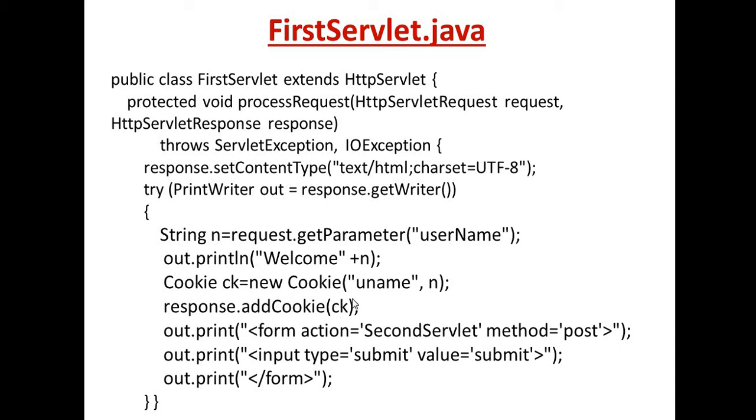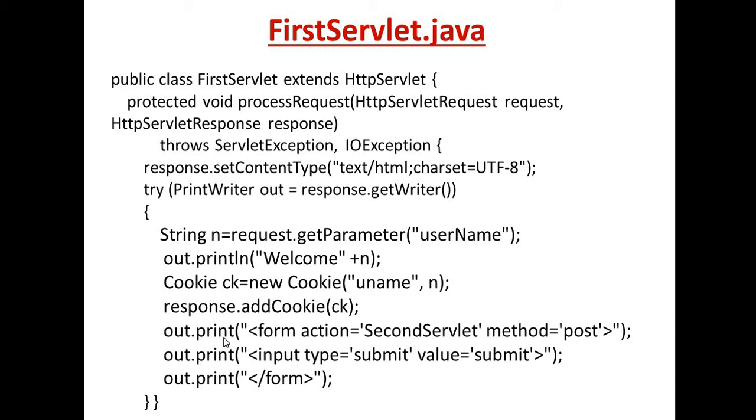Whenever we transfer the data, whenever we transfer the value from first servlet to second servlet, the information about the cookie will be transferred to the server. So these are the information, and then we'll have the next three lines here.